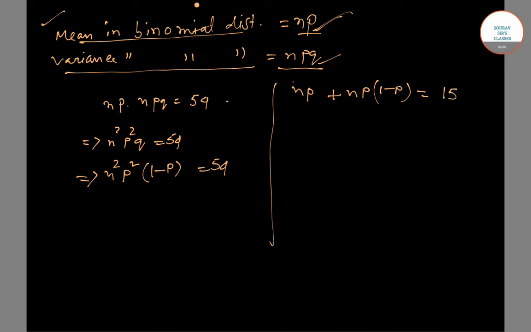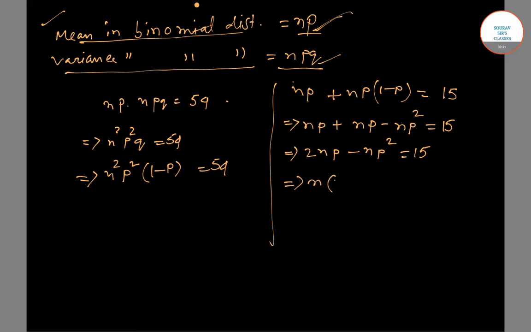If you solve it, you will get np plus np minus np square equals 15, and further 2np minus np square equals 15. Further, n bracket 2p minus p square equals 15, or to be very specific, n will be equal to 15 by 2p minus p whole square. So far we have come until this.